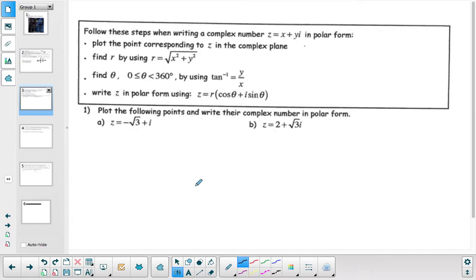To plot these, again, act like this is the x coordinate and this is the amount of your y coordinate. So this looks like -√3, 1. This would look like 2, √3. Again, not exactly the same thing, but very similar, and you could almost pretend like they're exactly the same thing and get away with it.